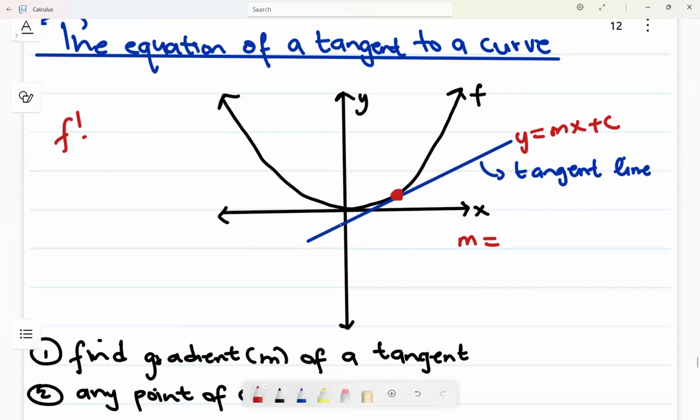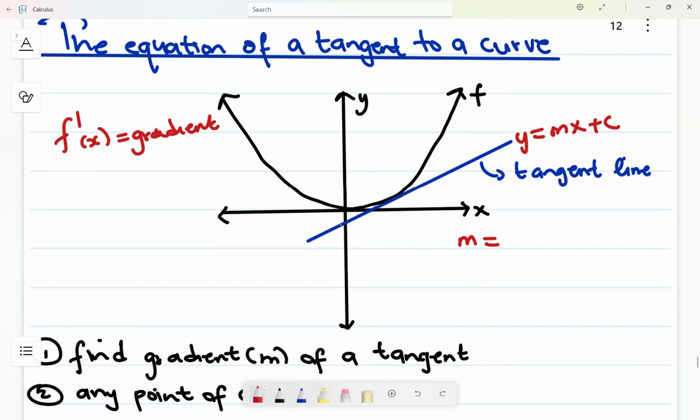What is the derivative? The derivative is the same as the gradient. But this one is the derivative of the whole function, okay? But now we want the derivative at this specific point, okay?